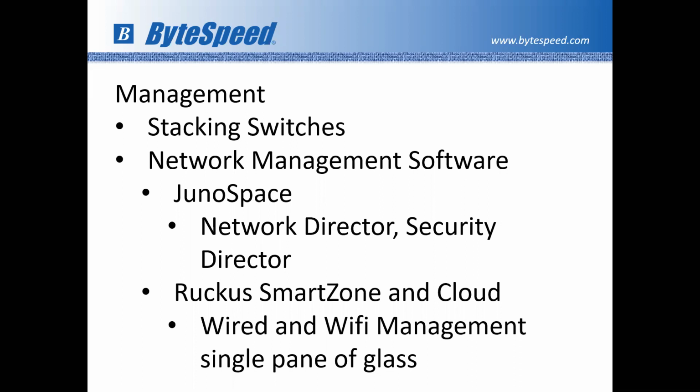With that said, there is some management software out there. Some are first party, and there is third party software out there as well. Basically they give you a single pane of glass across your network. For the Juniper world, it's Junospace.